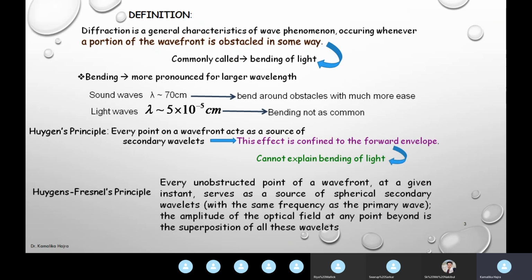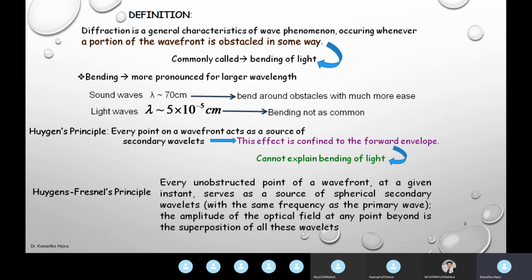It says that the unobstructed points of the wavefront serve as the source of secondary wavelets. The obstructed parts of the wavefront get obstructed there, but the unobstructed parts act as sources of secondary wavelets, and beyond this point of obstruction, it is these wavelets that superpose on each other.